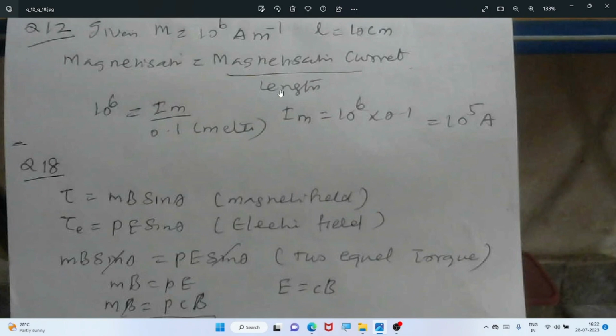They are asking what is I_M. The magnetization is given, and the length is given. Though it is given in centimeters, we will convert it into meters. So we will get the magnetization current as 10 power 5 ampere.